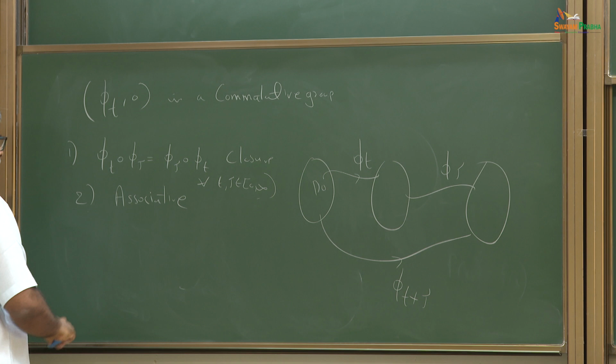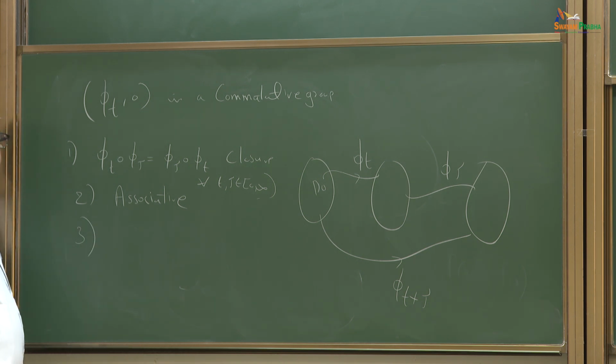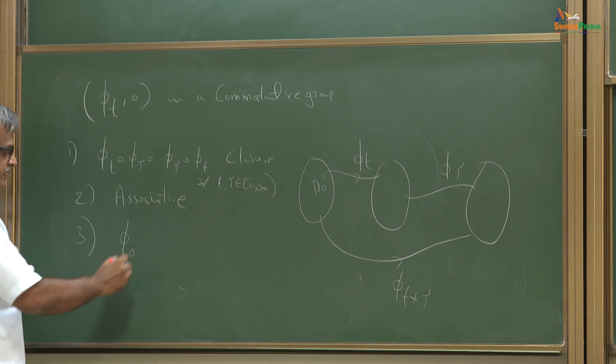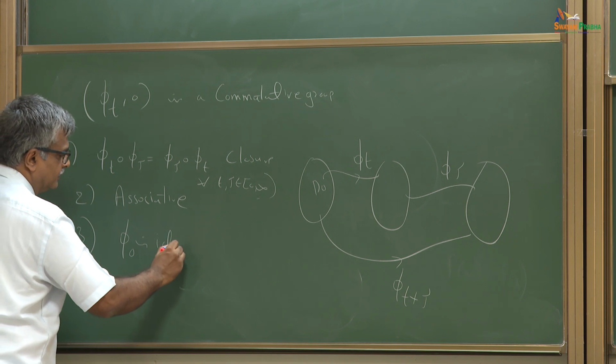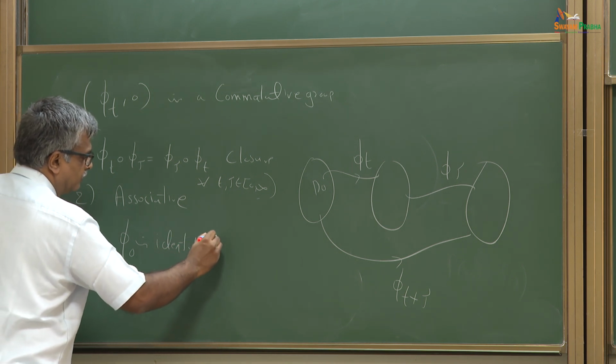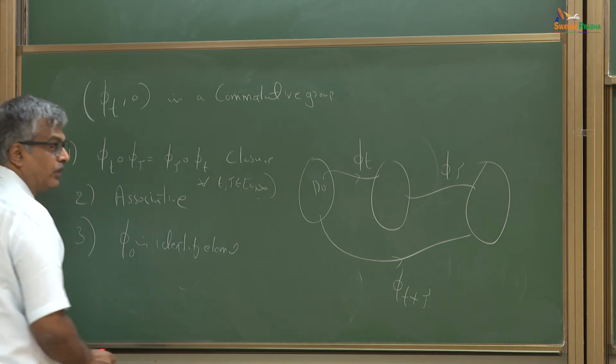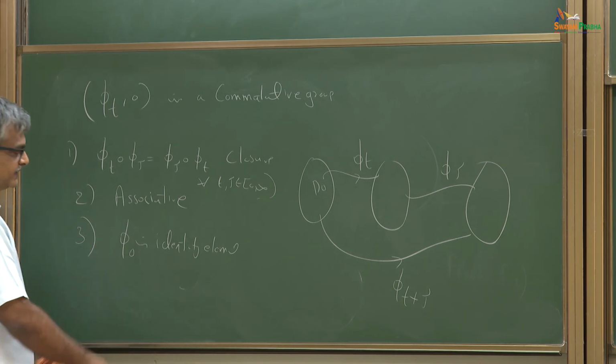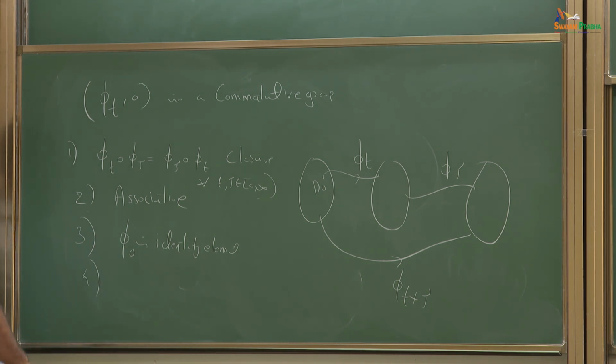Okay, and then what is the group identity here? The identity element phi 0 is the identity element, because it will leave the point x invariant. That means if you apply it on x, it will give you x. What is the inverse?